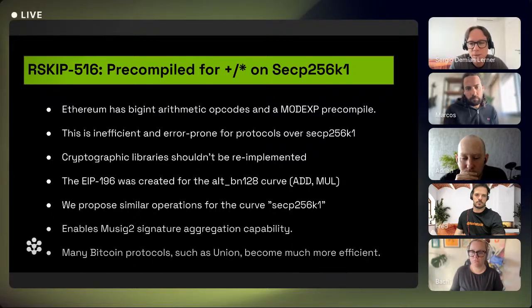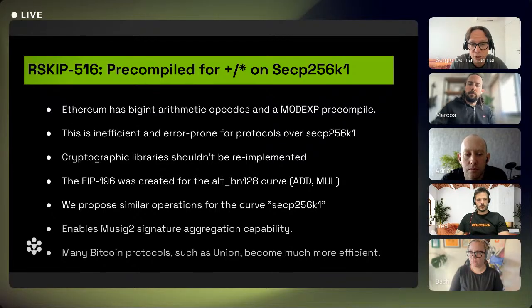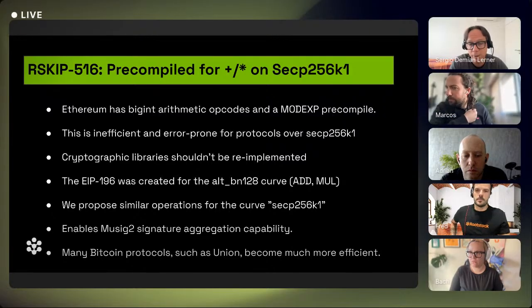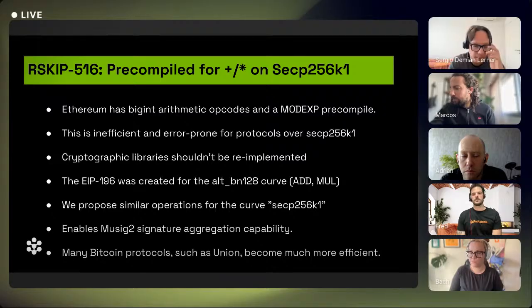And this was the strategy that Ethereum took when Ethereum implemented EIP-196, which was the addition and multiplication operation for the alt_bn128 curve. And this was important to verify SNARKs on Ethereum and to create the first rollup on Ethereum.